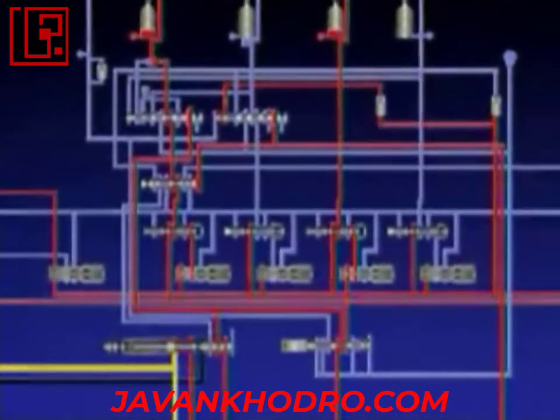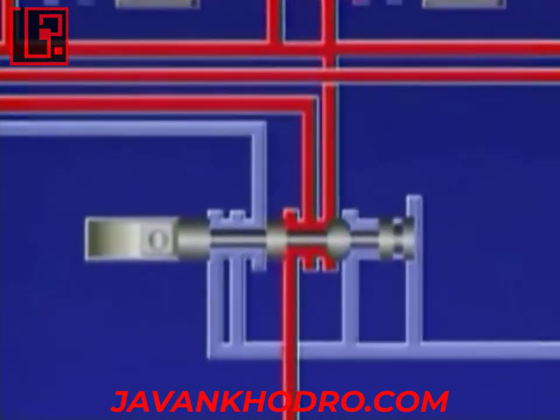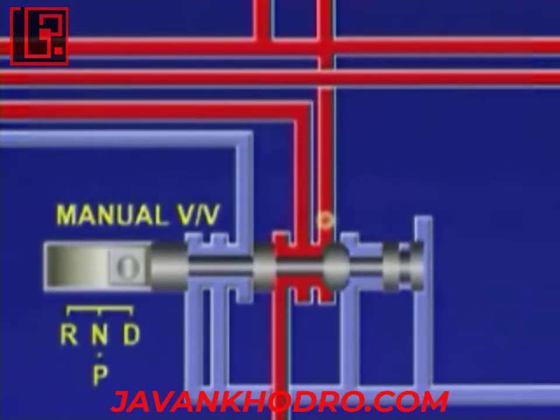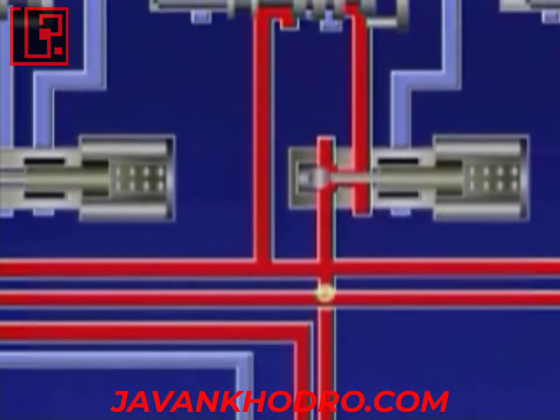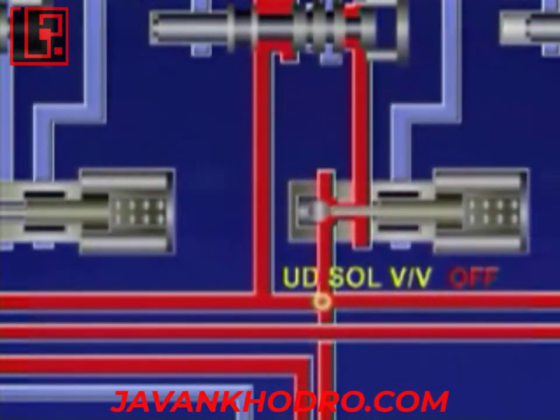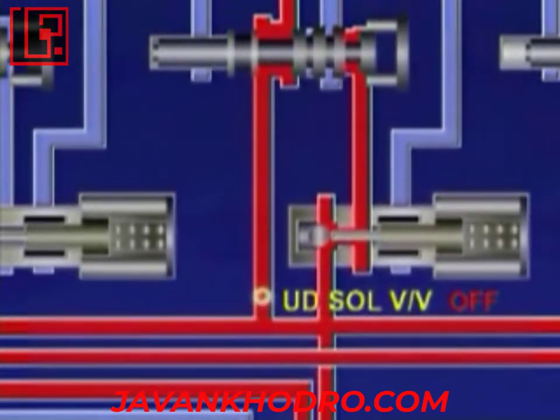Since the position of manual valve remains the same in all forward driving ranges, the oil pressure flow from manual valve to underdrive clutch remains constant regardless of speed. Oil pressure is supplied to underdrive pressure control valve from manual valve.